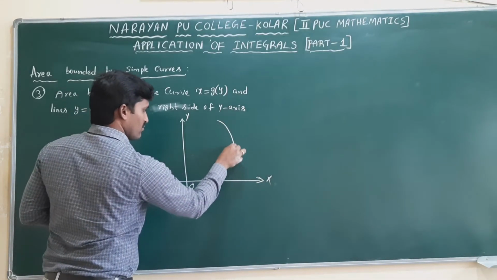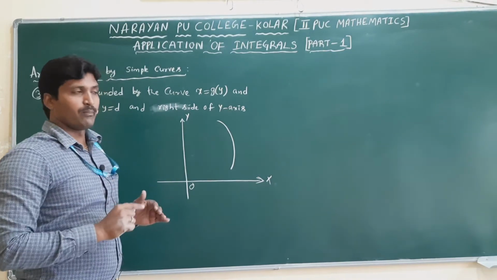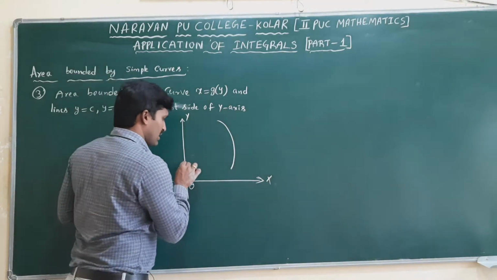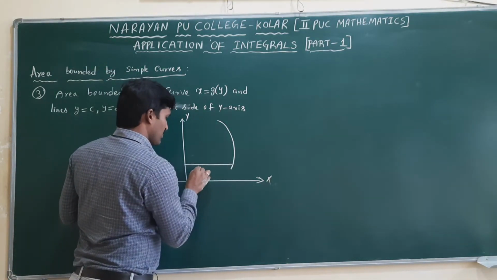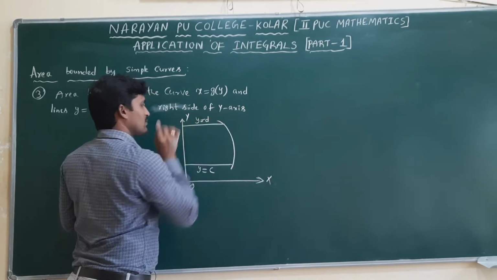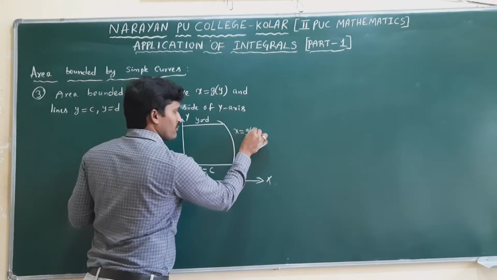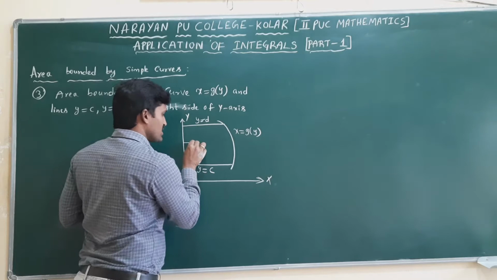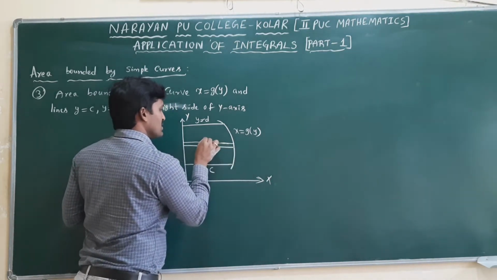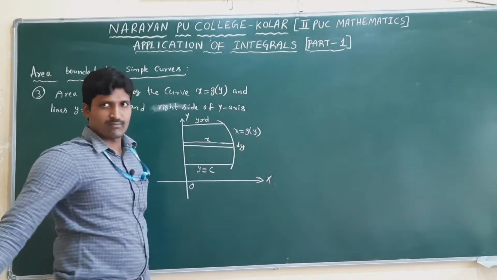Y-axis and x-axis, origin. This is the curve. Now the strip we are getting is clearly a horizontal strip, because that strip is parallel to the x-axis, and the limits, whatever lines we are taking, are parallel to the x-axis. And this is the curve, here x equal to g of y. Here we are taking a horizontal strip. This is x, but we are integrating with respect to dy.